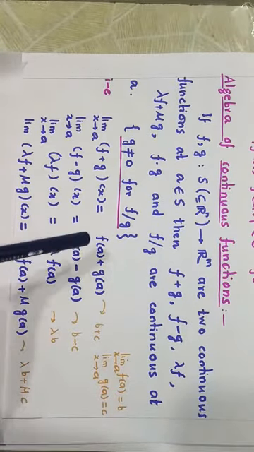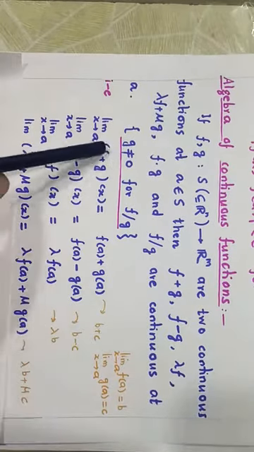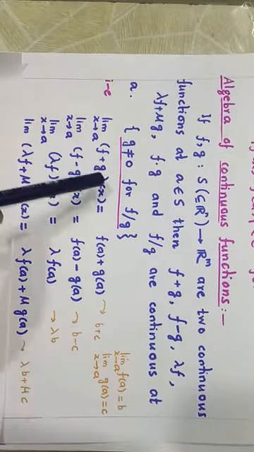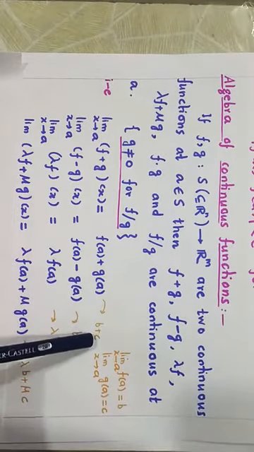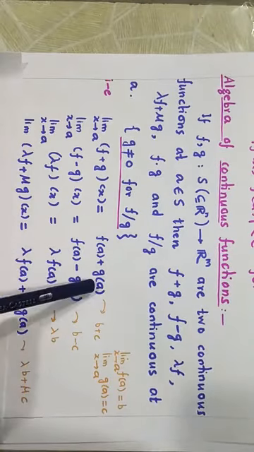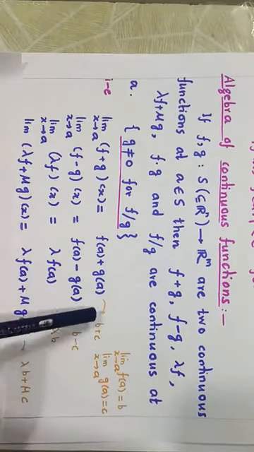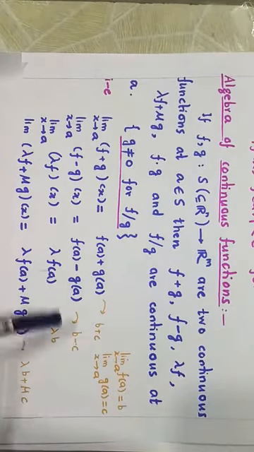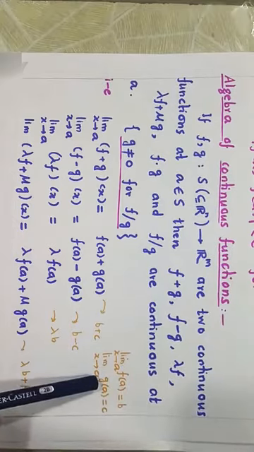The only difference is that in those proofs, b is the limit of f and c is the limit of g. So in every step, instead of b and c, we can use f of a and g of a, and we had proved that this limit is b plus c, so we will prove this. So everywhere we have limit of f of x is b, limit of g of x is c.